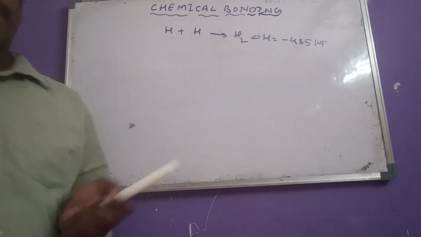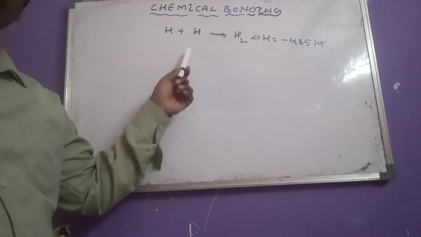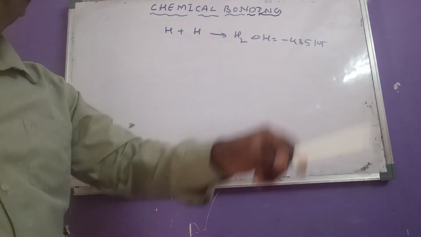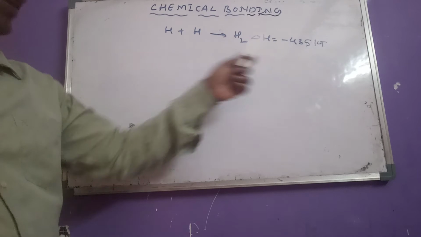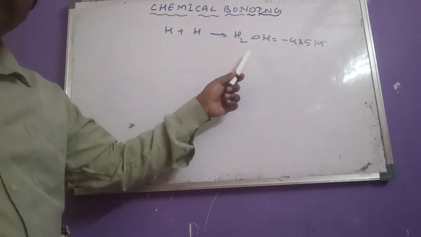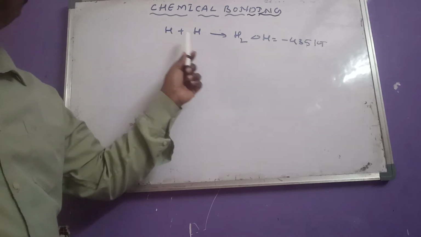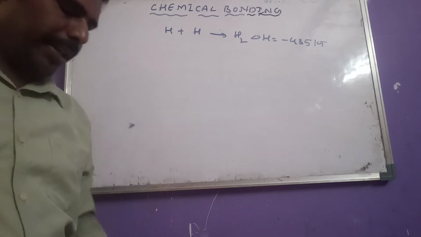That means when a hydrogen molecule is formed from its constituent atoms, this much energy is liberated. By losing this amount of energy, two hydrogen atoms combine to give an H2 molecule. So compared to the individual atoms, the H2 molecule has more stability.